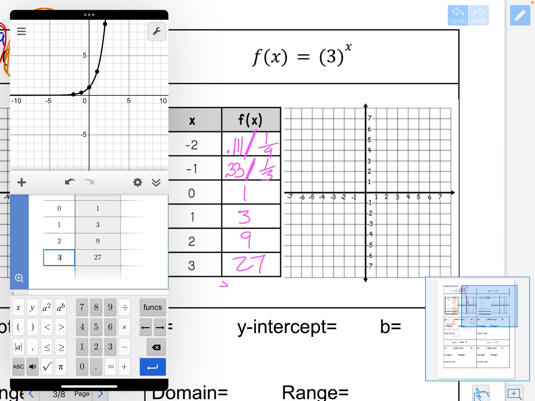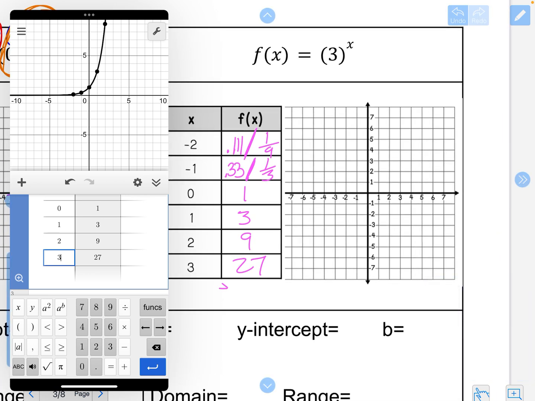So again, we go to graph this. 1/9 is going to be there. 1/3. 1, 3, 9 should be about right there. So I've got enough information that I can go ahead and keep graphing.